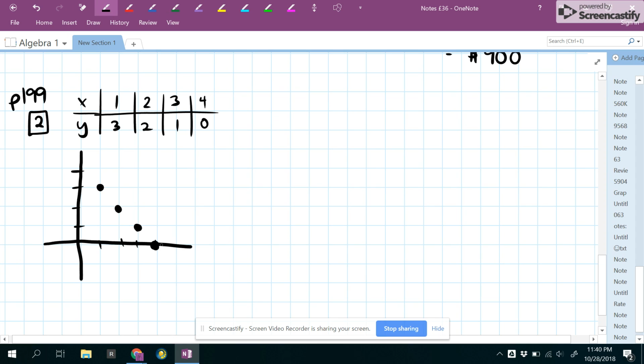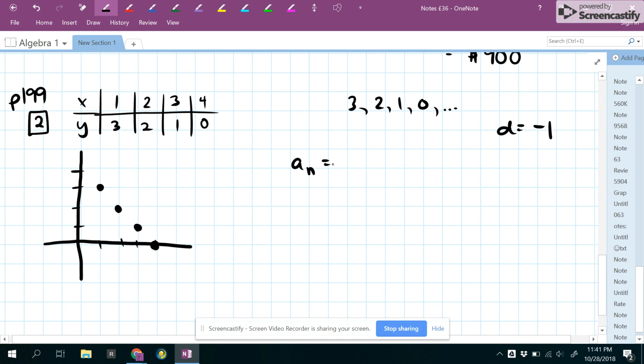The first question asked is: is it linear? Looks linear. Your x's are 1, 2, 3, and 4, so those are just the number of terms in the list. So your list is 3, 2, 1, 0, which means you should be able to find the common difference. And this common difference is -1. You are subtracting 1 every time.